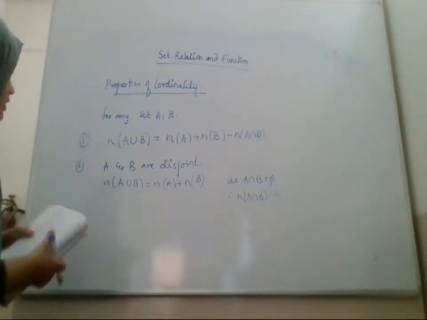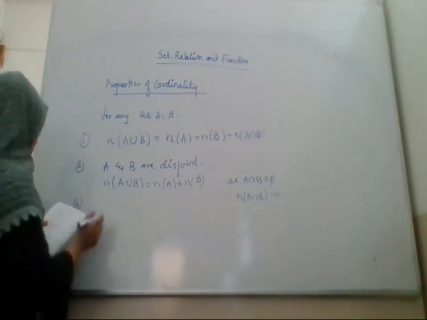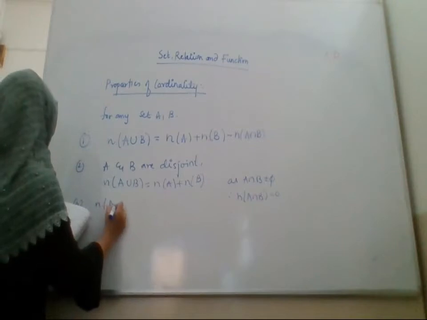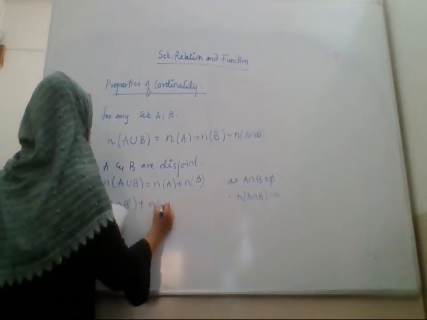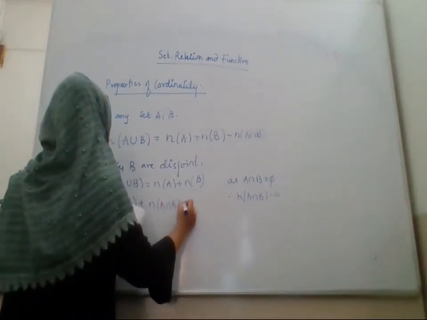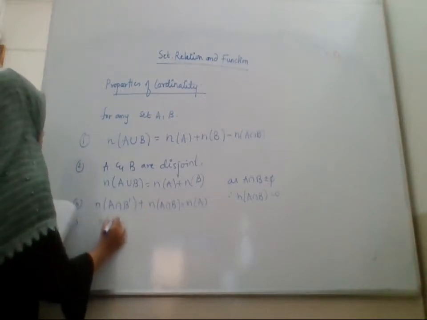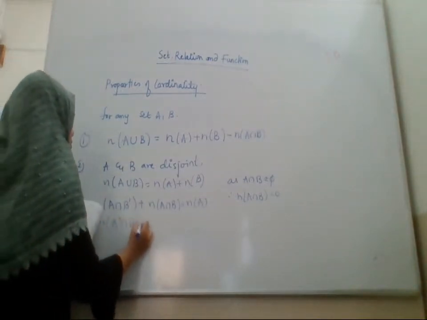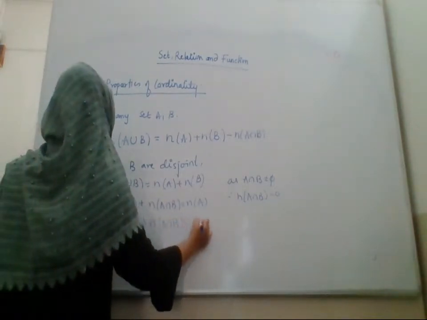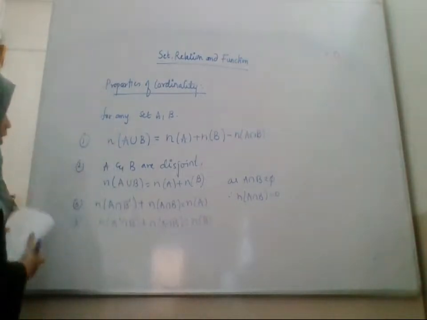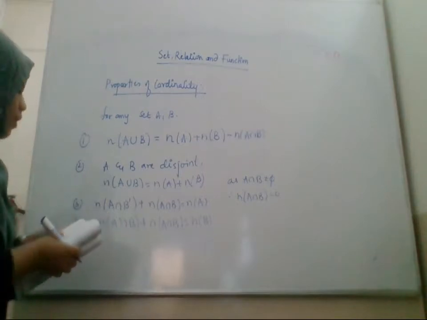Now the third property is: n of A intersection B complement plus n of A intersection B is equal to n of A. Similarly, n of A complement intersection B plus n of A intersection B is equal to n of B. These two are very useful to solve problems.